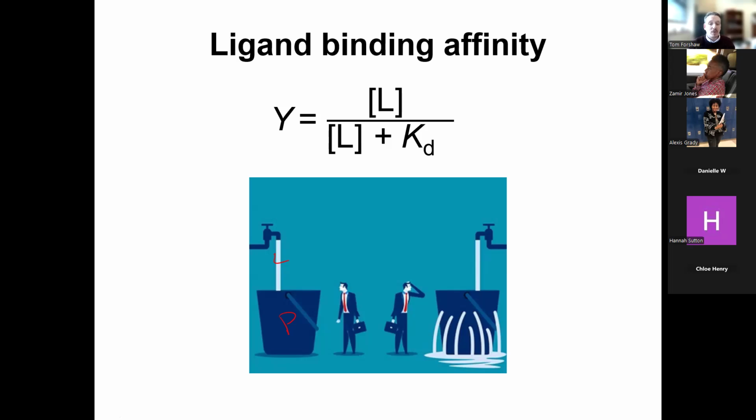And the more water you pour into it, the more full it gets. So Y is indicating the fullness of your bucket, and L is indicating the water that you're pouring in that bucket. And if you increase L, then you increase Y. If you increase the water that you pour into your bucket, then you increase the fullness of that bucket.